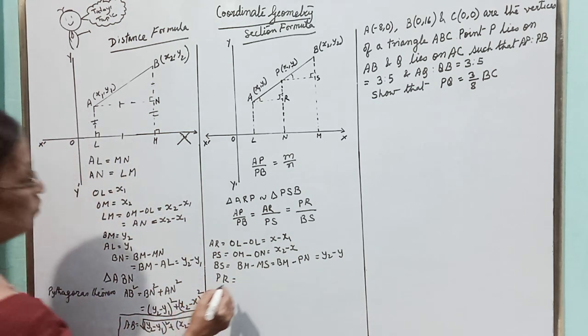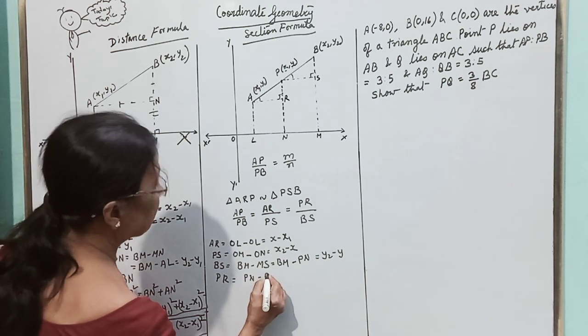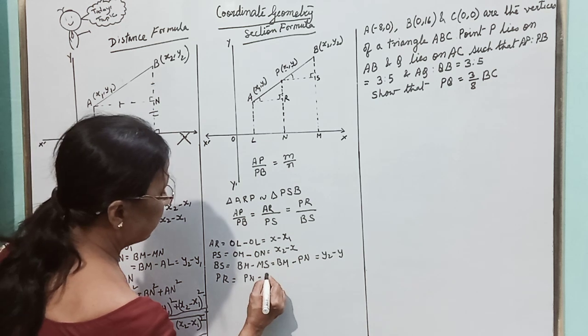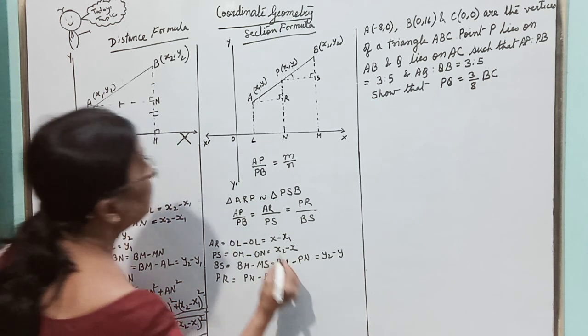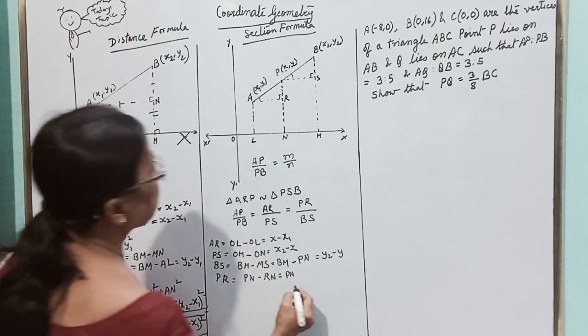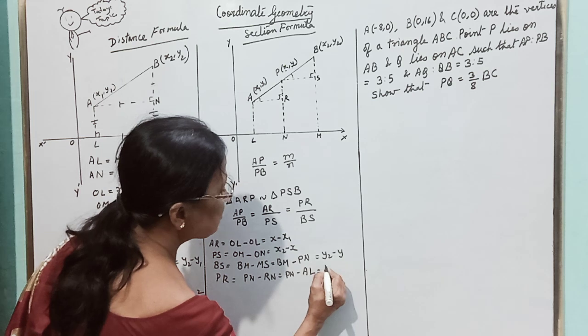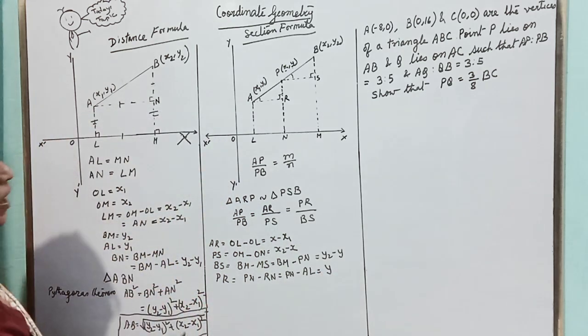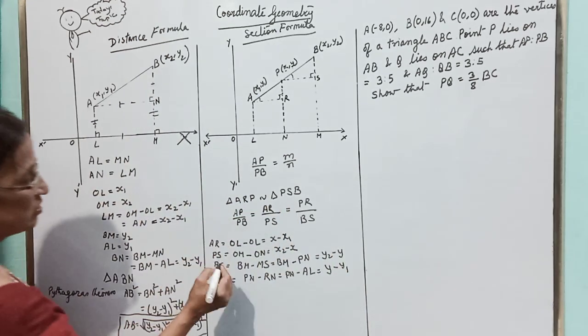PR is equal to PN minus RN, and instead of RN, I can write AL. So this is Y minus Y1.